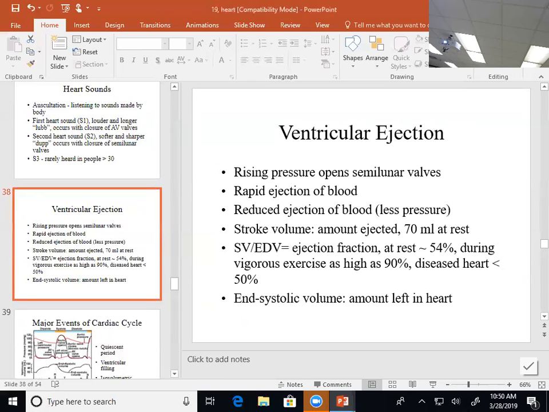But anyway, CO, cardiac output, is equal to heart rate times SV, stroke volume. And I'm about to tell you what stroke volume is related to. Cardiologists do these tests, and they're going to end up figuring this out.